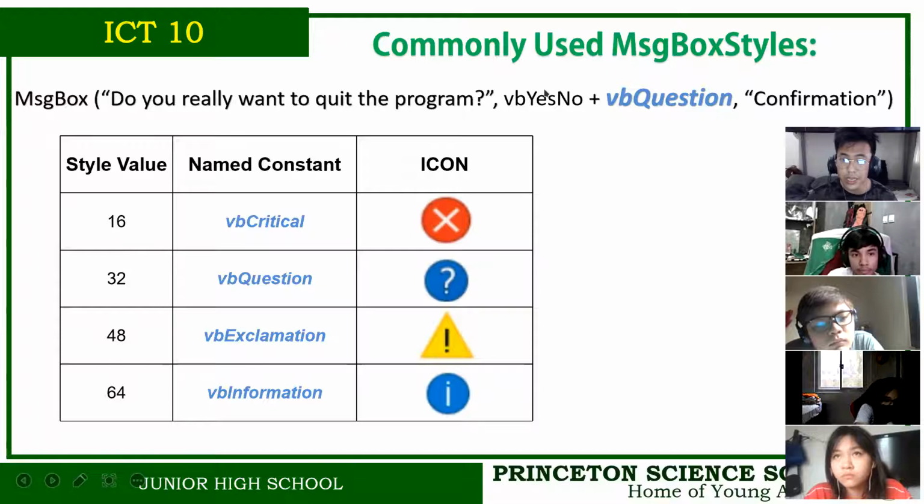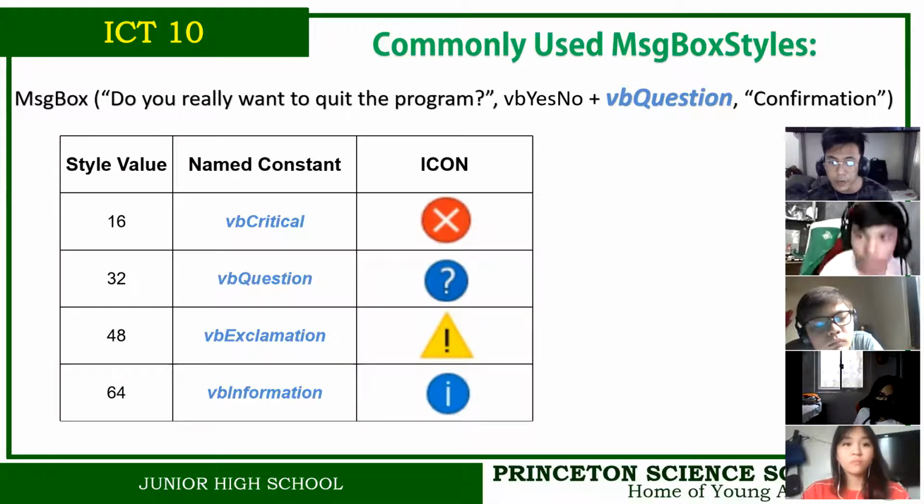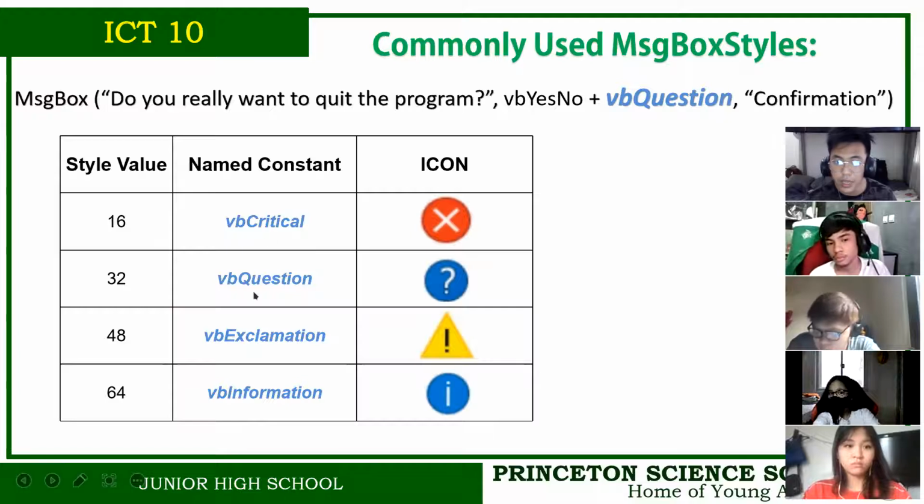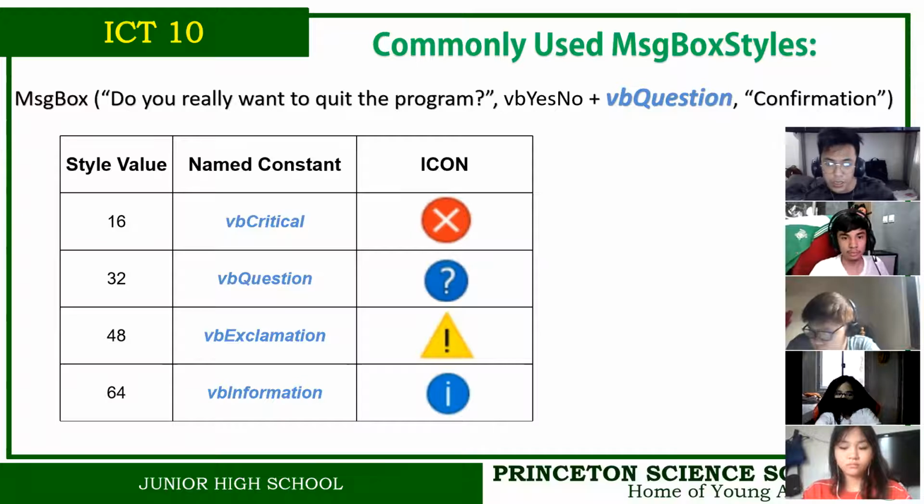So first is the VB critical, that is most commonly used if there is an error. For example, you have an error in your program, so it is not working, so it will display the VB critical. Next, the VB question, that is for confirmations if the program is going to ask you for a certain permission. So we're going to use the VB question.